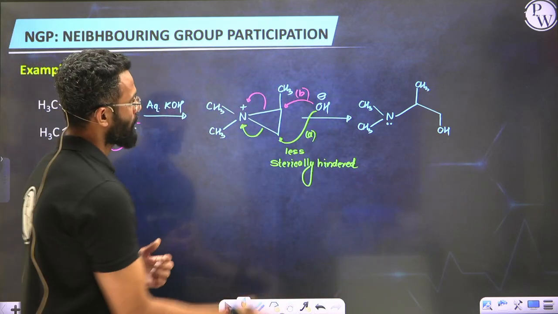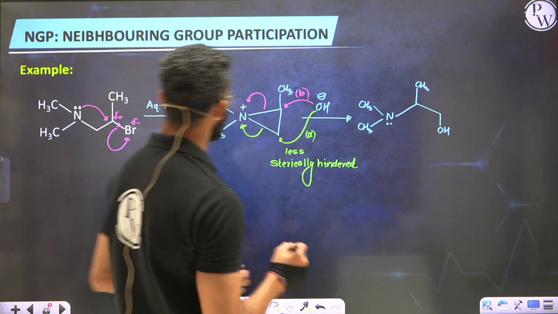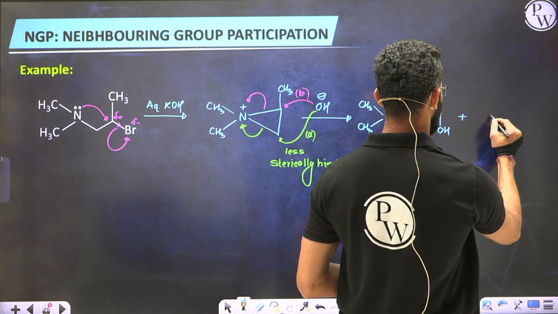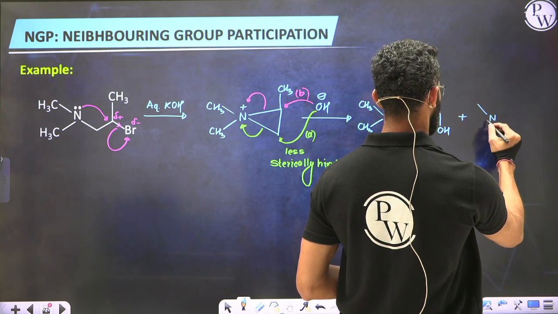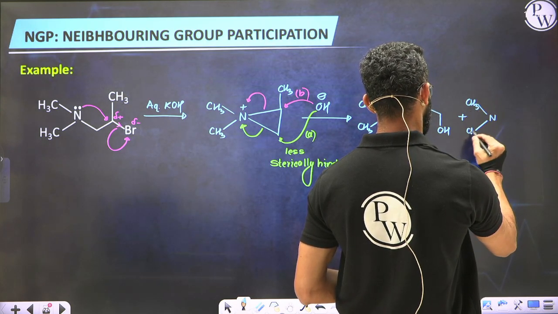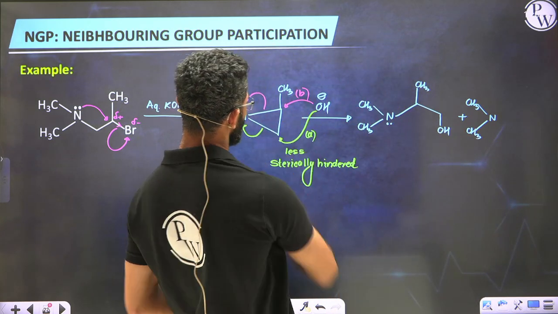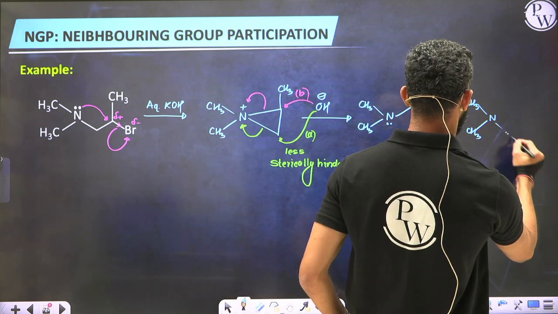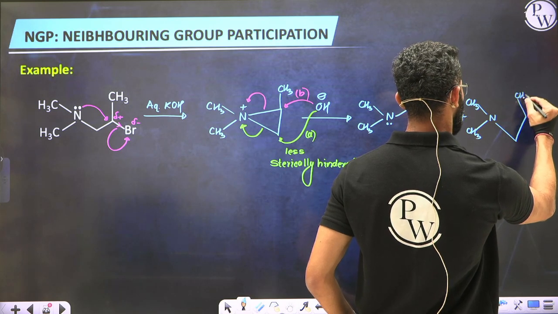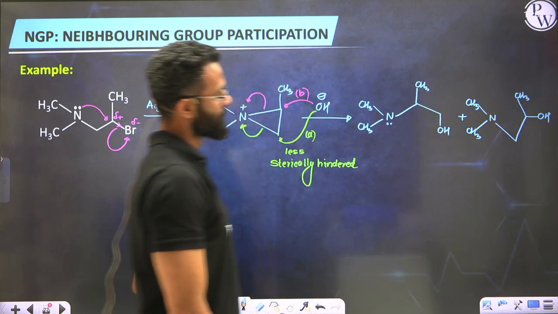Okay. OH, when attacking at this carbon via path B, this bond would be broken. So the product would be N with 2-methyl. Attack is taking place over here. So we have got CH2, CH2, methyl with OH.